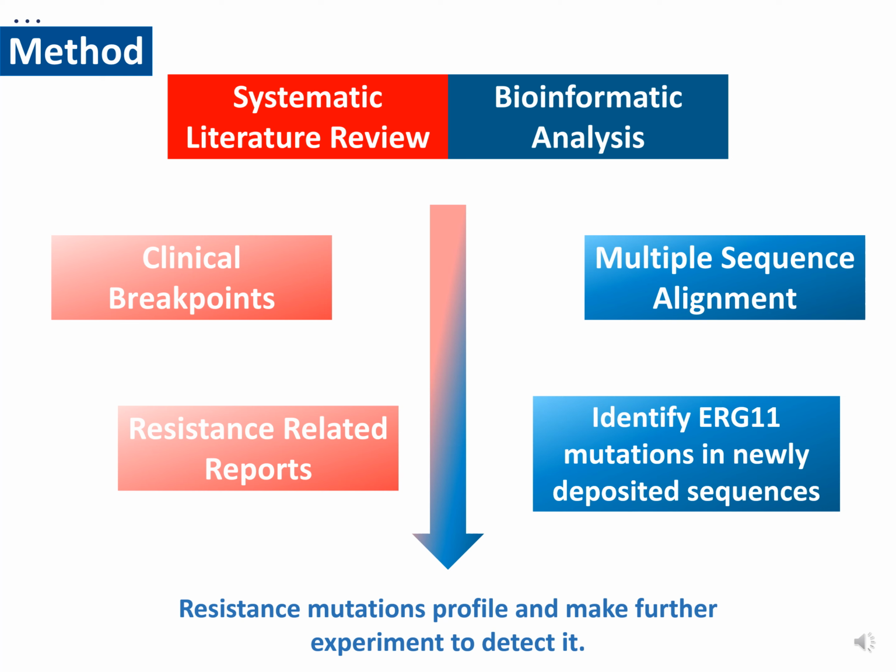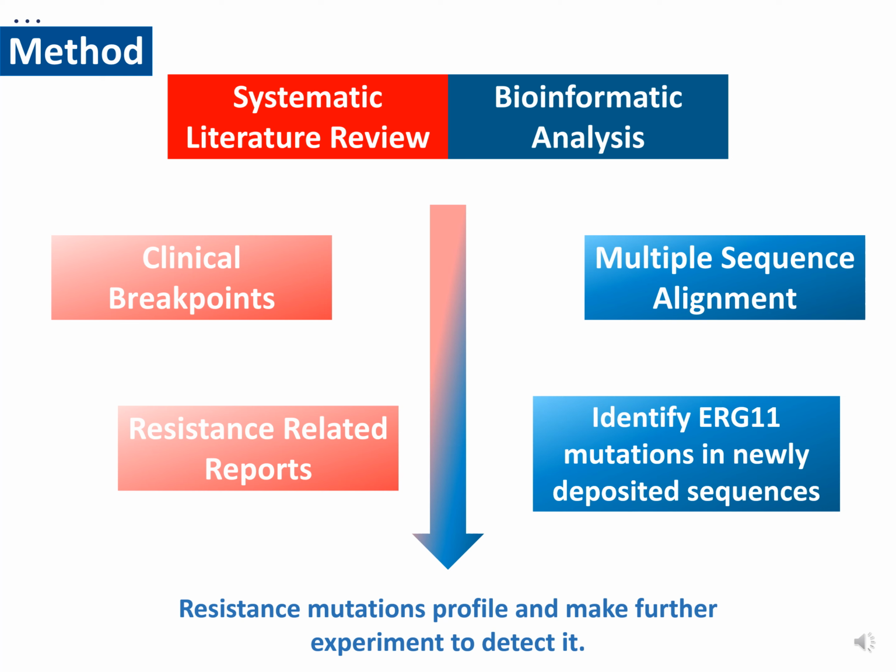For the methods, there are two methods being used in this review: systematic literature review and bioinformatic analysis. The systematic literature review was conducted throughout the project to assist in data collection and integrate the information. Literature relevant to the ERG11 mutation and amino acid substitution will be used in conjunction with the bioinformatic approaches.